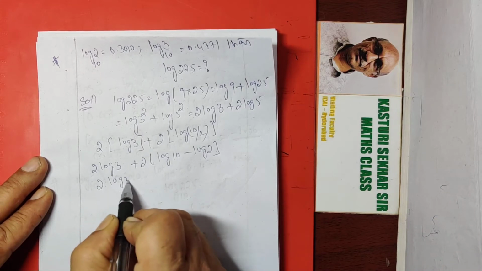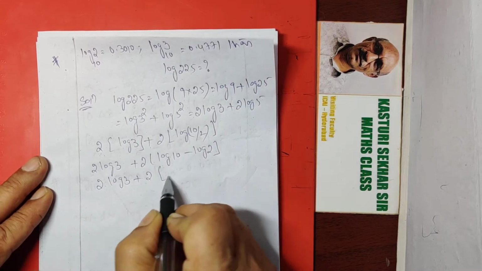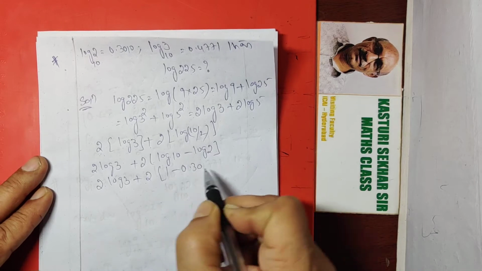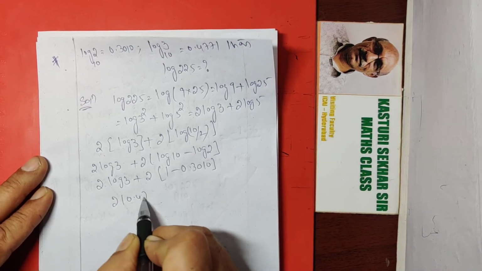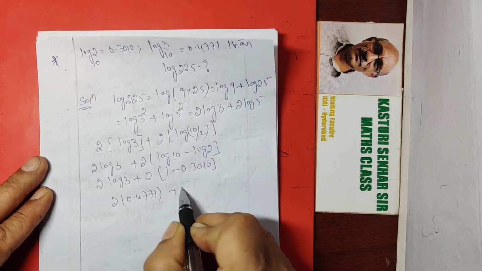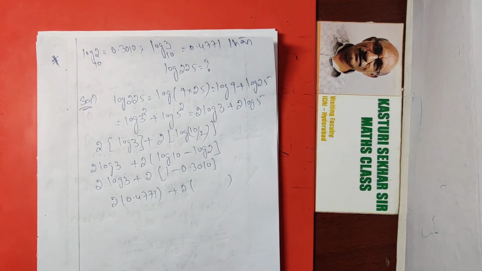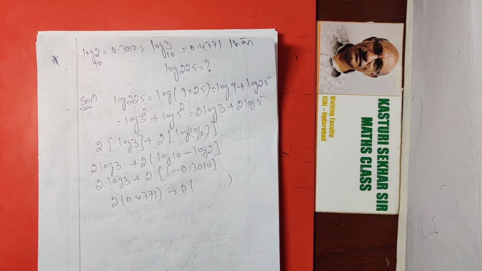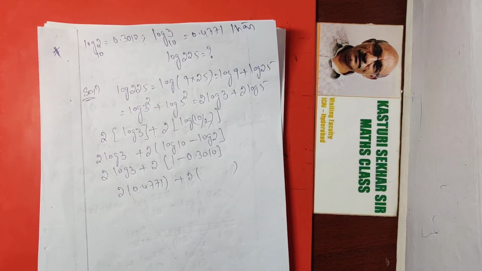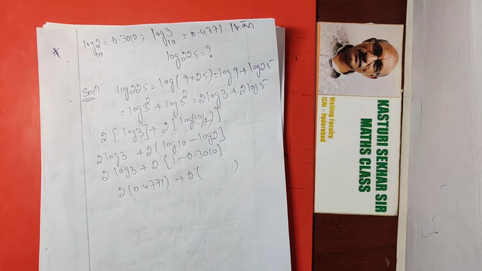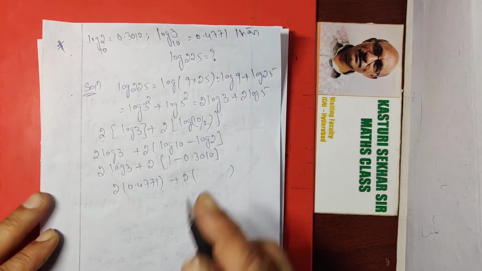That is 2 log 3 plus 2 into 1 minus 0.3010, which is 2 into 0.4771 plus 2 into 0.699.